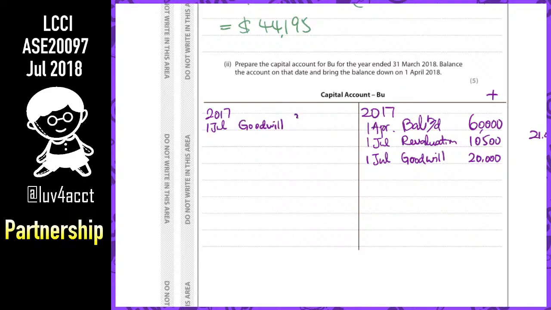Okay, this time it is 3/10. 40,000 times 3/10 is 12,000 goodwill written off. Okay, so closing balance year 2018, 31st of March: 60,000 plus 10,500 plus 20,000 minus 12,000 is equal to 78500.